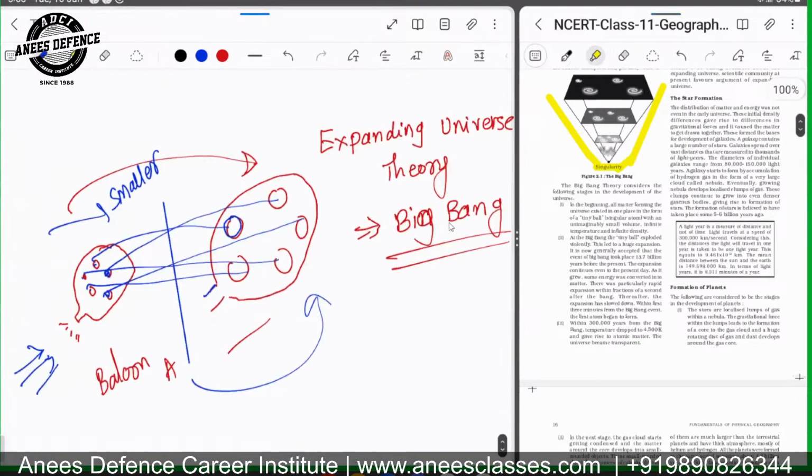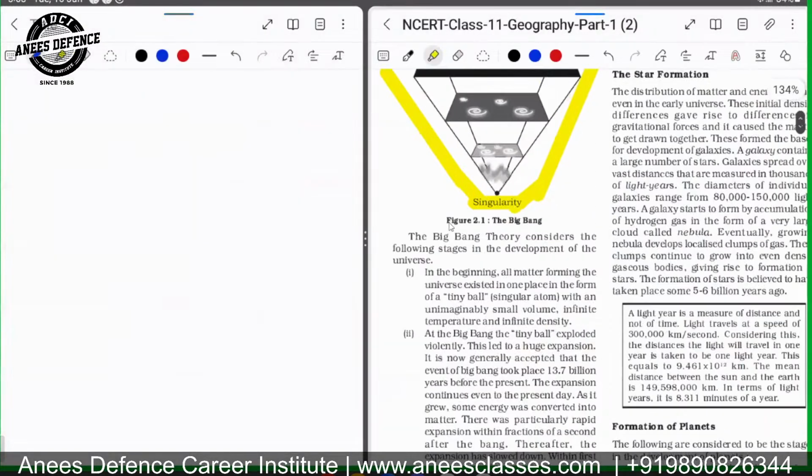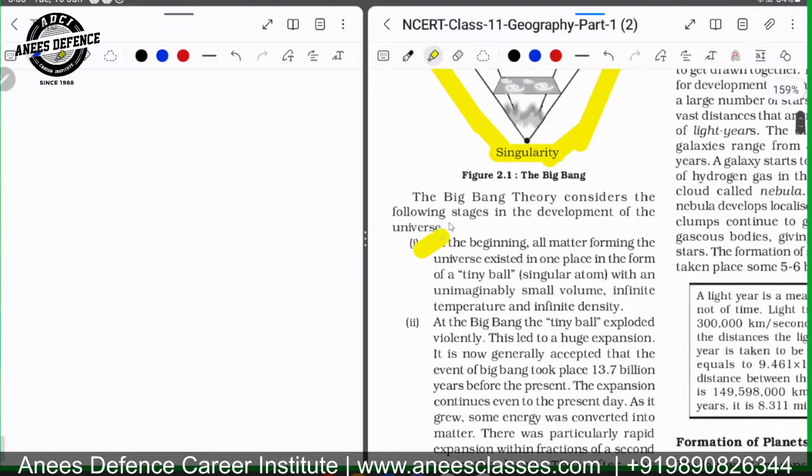Earlier it is said that you had a single point. Look here, at the beginning of the universe, all matter forming the universe existed in one place in the form of a tiny ball, that is a singular atom.